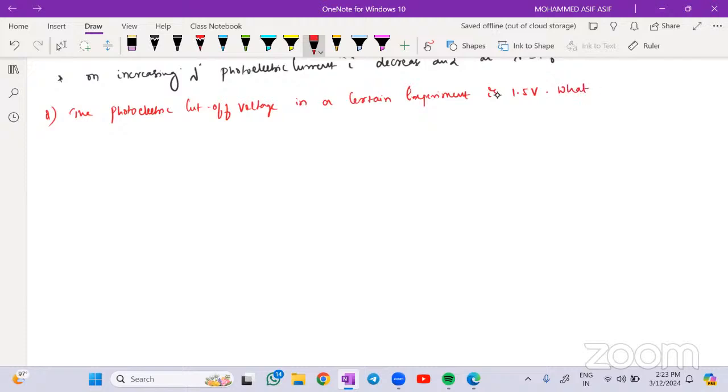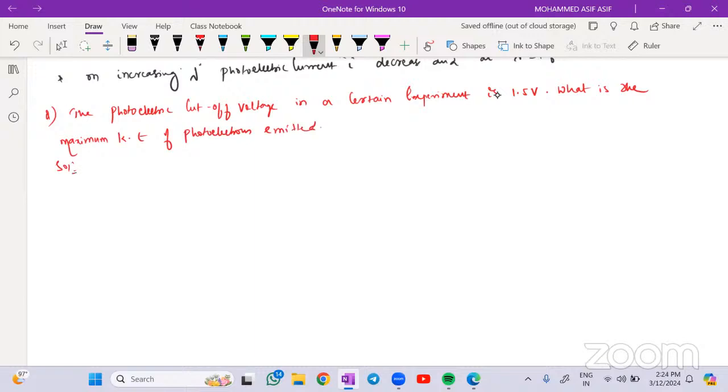What is the maximum kinetic energy of photoelectrons emitted? Direct question. Should tell this answer better.